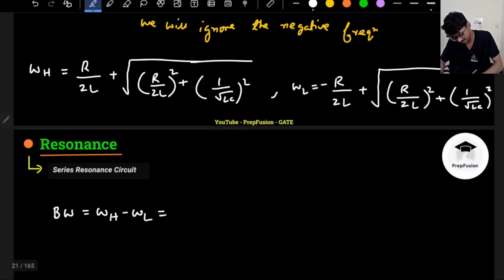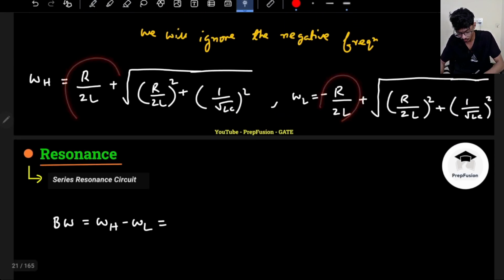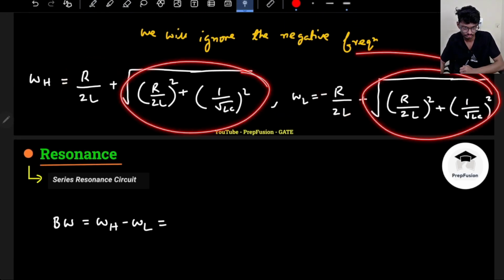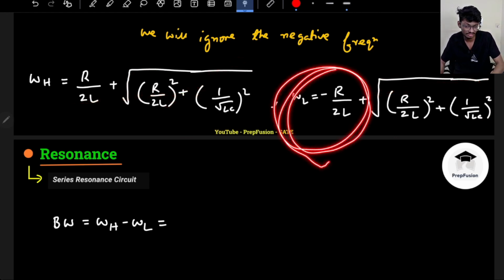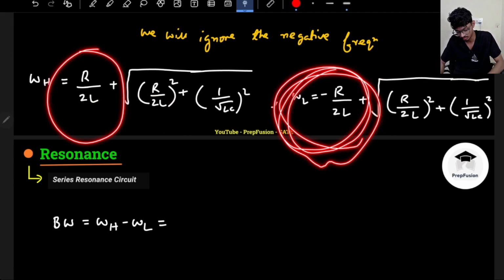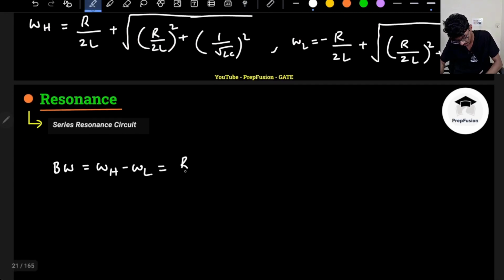So omega H is this, omega L is this, correct? This part is common, so if I subtract, the common part will go away. This will be minus of minus R by 2L, so plus R by 2L, and this is R by 2L. So ultimately this comes out to be R by L. Bandwidth is R by L. What is the unit? The unit is radian per second.